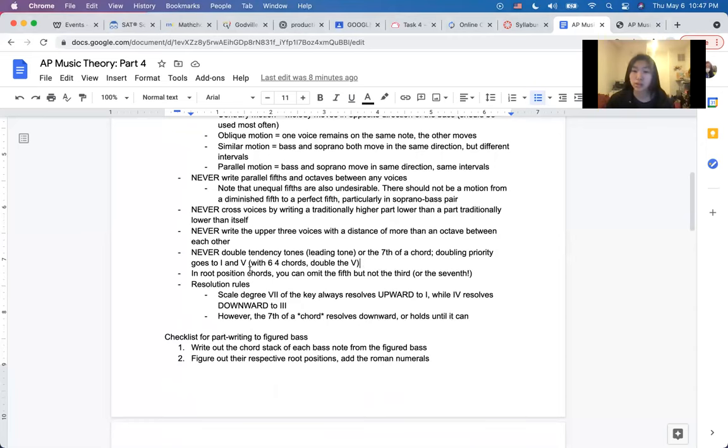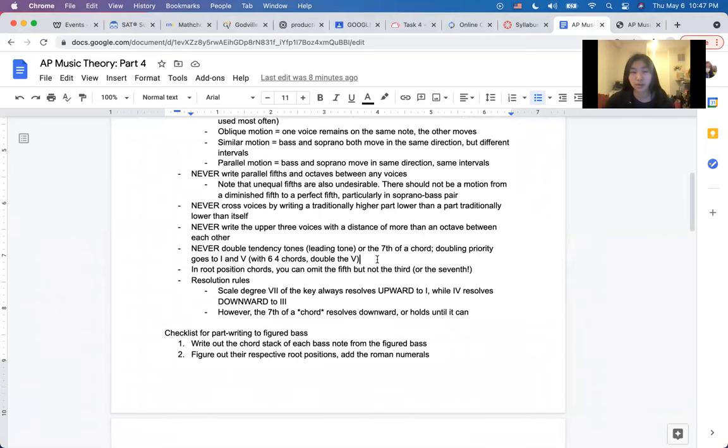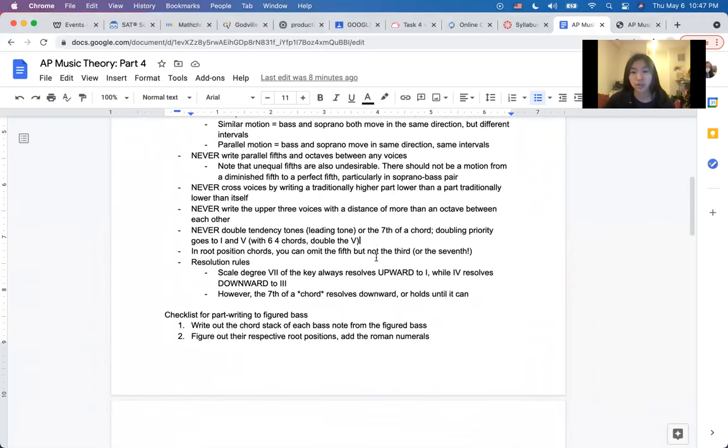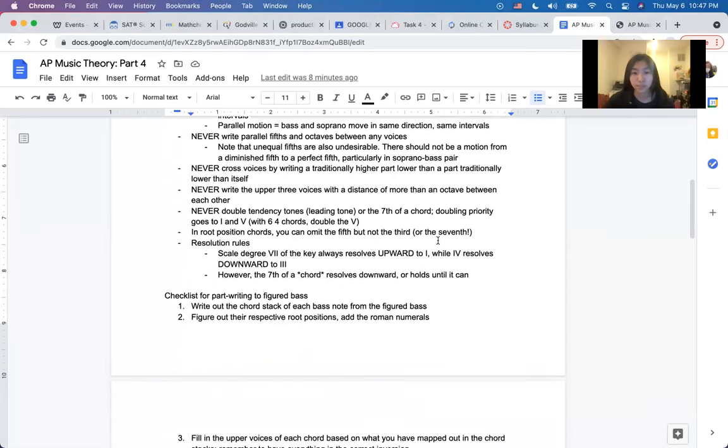Doubling priority goes to scale degrees 1 and 5, especially with 6/4 chords, where you have to double the 5. You don't really want to double the 3 unless you're in a minor chord with special situations, but usually just double the 1 if you can. In root position chords, you can omit the 5th, but never the 3rd or the 7th or the root.